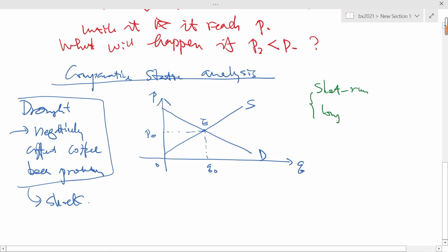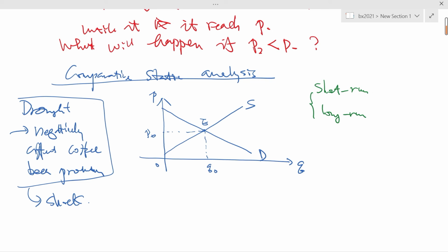The difference is that in the short run, something is fixed. Usually, say the number of firms in the market is fixed. You cannot adjust too much. In the long run, you have more degrees of freedom to adjust through firms entering or leaving the market. And consumers can also change their taste.